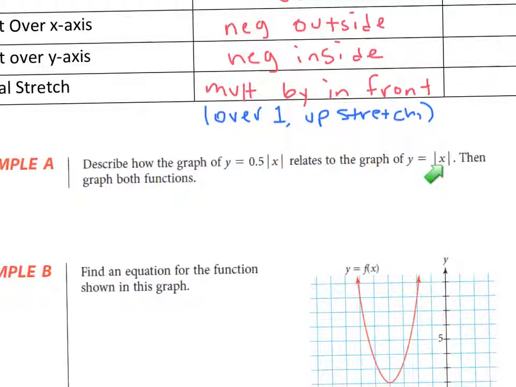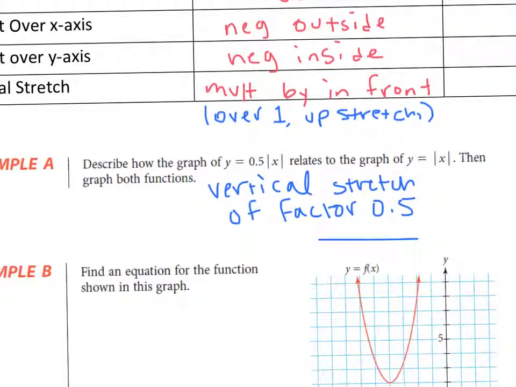So instead of going up 1 and over 1 like we do in our parent function, our vertical stretch, we'll be going up 0.5. Then our graph will reflect that.